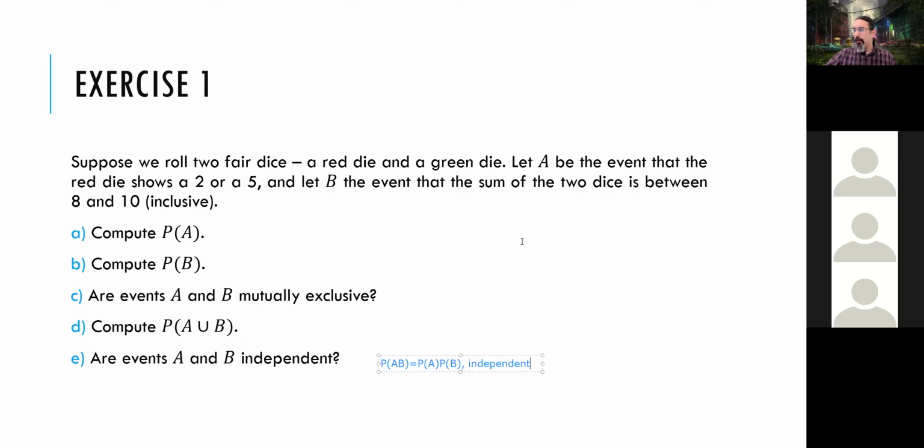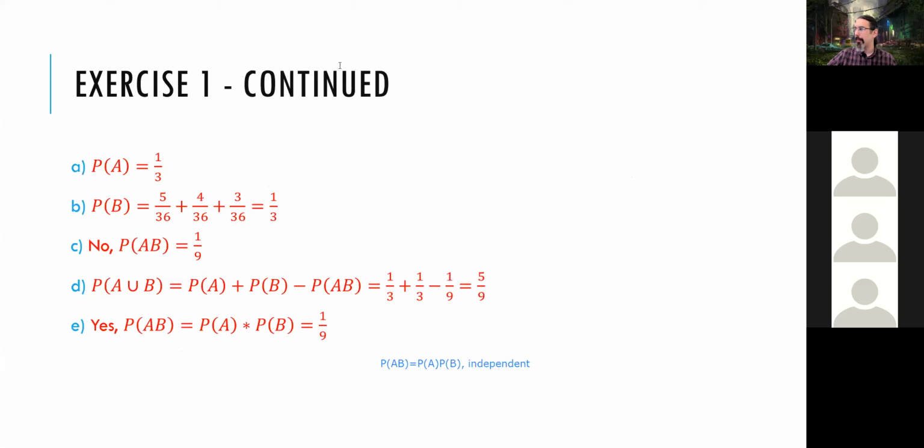Now, we have to check if the probability of the intersection of A and B is equal to PA times PB. If this holds, then this is independent. So PA was 1 over 3. PB, the probability of event B, was 1 over 3 as well. Their intersection, which we had calculated in C beforehand, was 1 over 9, which holds because 1 over 3 times 1 over 3 is 1 over 9. So yes, they are independent, as you can see in the answers here.